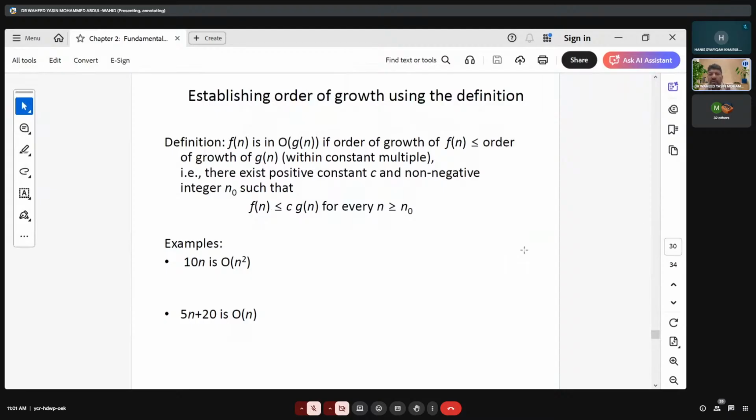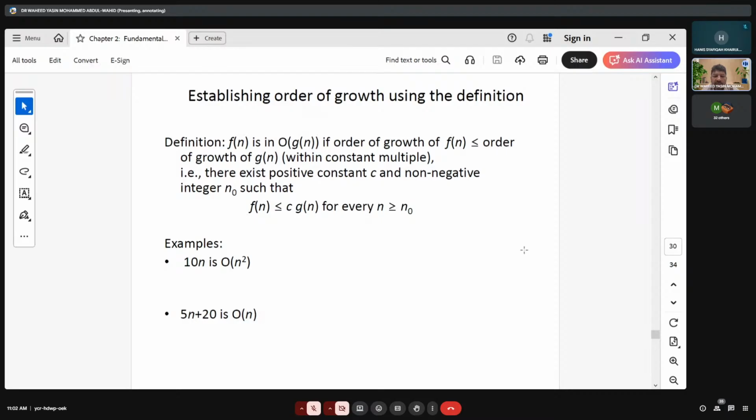Establishing order of growth using the definition. Definition: f(n) is in O(g(n)), big O, if the order of growth of f(n) is less than or equal to the order of growth of g(n) within a constant multiple. That means there exist a positive constant c and a non-negative integer n0 such that f(n) is less than or equal to c·g(n) for every n greater than or equal to n0.